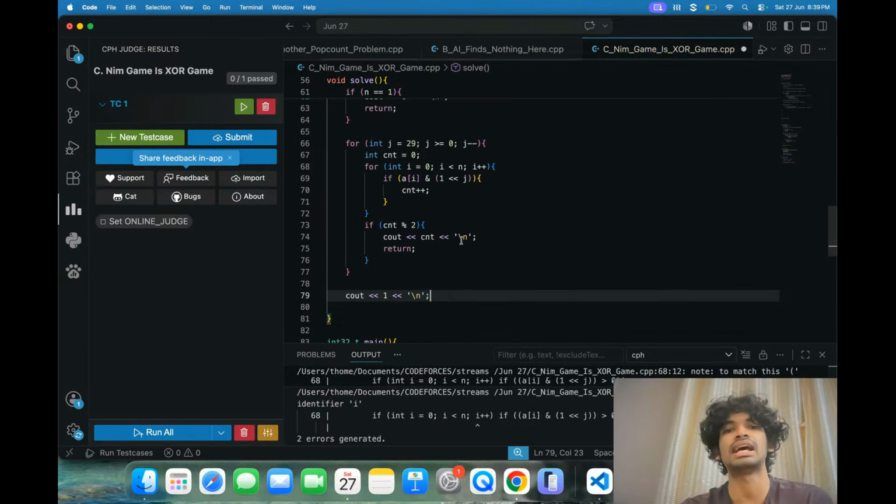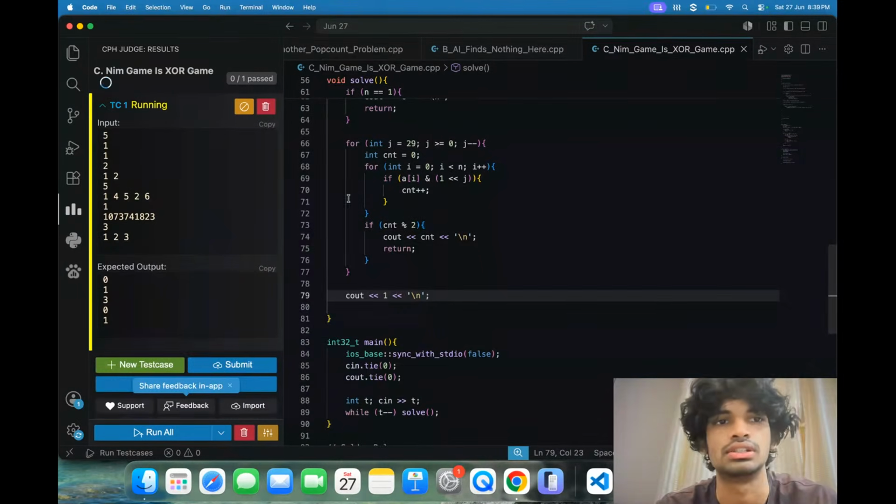So if this has never happened, that means XOR is zero and then the answer is one.